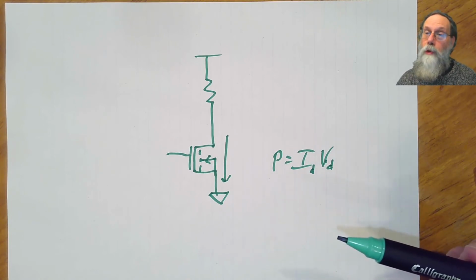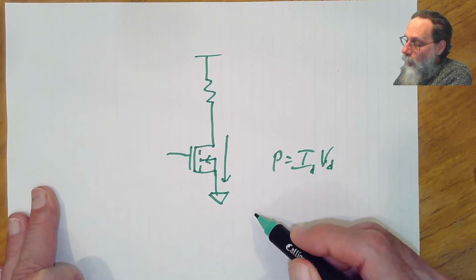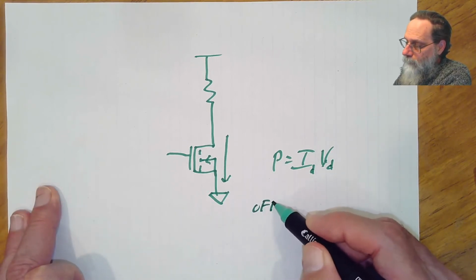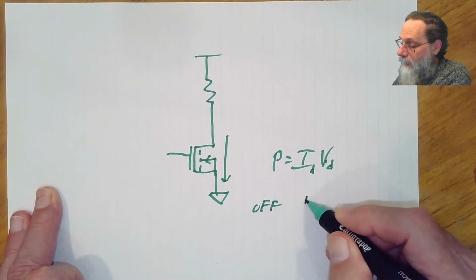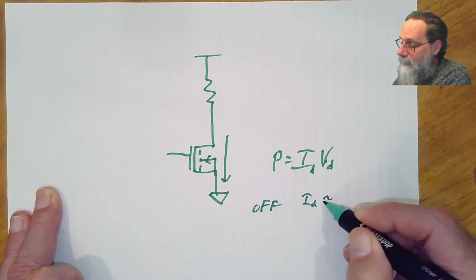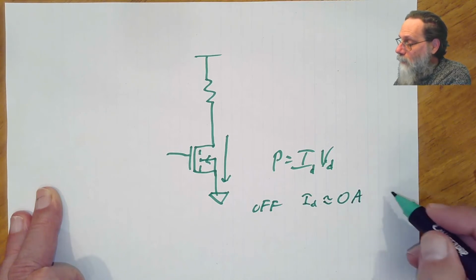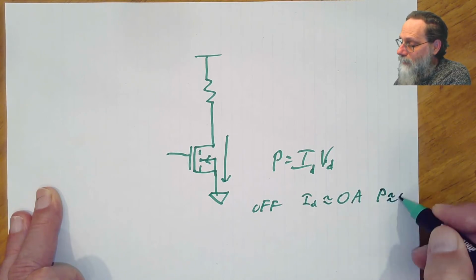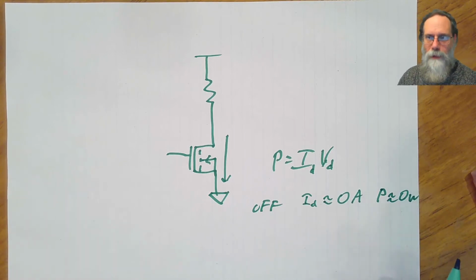Well, there's two basic states for the transistor. When the transistor is off, field effect transistors are really good at turning off, and I_D is essentially 0. And so power is essentially 0. Now that's not a perfect analysis.